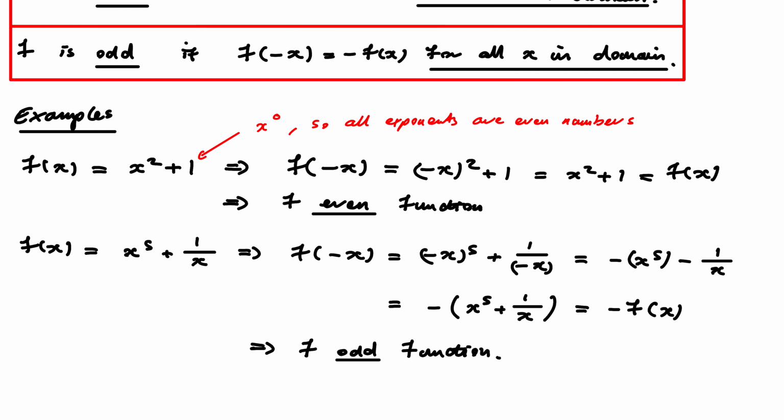Well, here, 1 over x is equal to x to the minus 1. And minus 1 and 5 are both odd numbers because they're not divisible by 2. So all exponents are odd numbers.